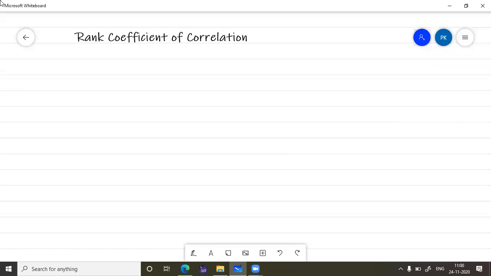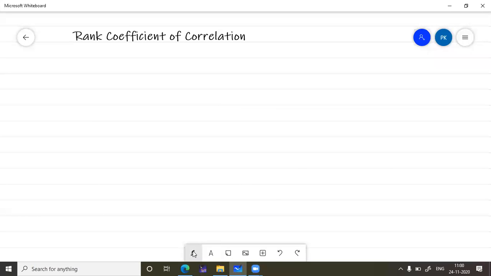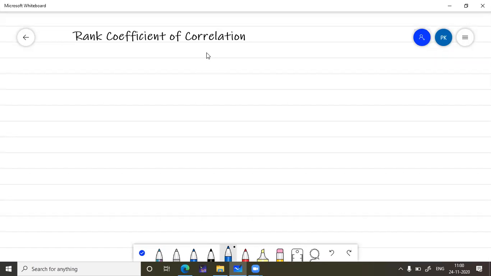So it's also known as Spearman's coefficient of correlation.